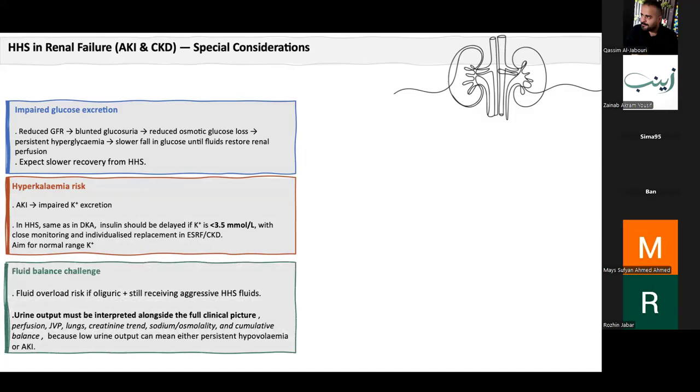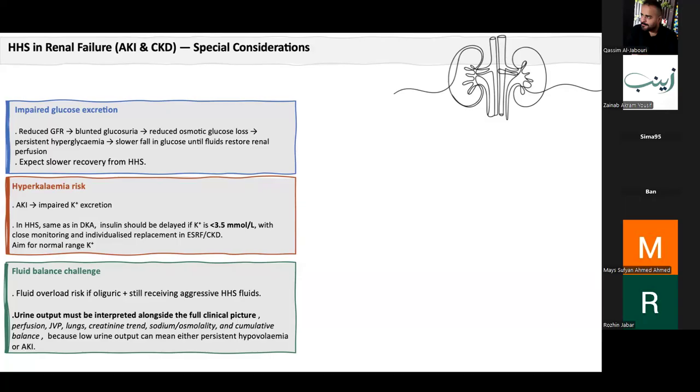Fluid balance is essential, like it is for all patients, but you need to keep in mind that the patient may already be oliguric, and may become even more oliguric because of acute kidney injury. So there is a higher risk of fluid overload in those patients, especially if you aggressively manage them with HHS fluids. So cautious IV fluids here is essential, just like in heart failure patients.